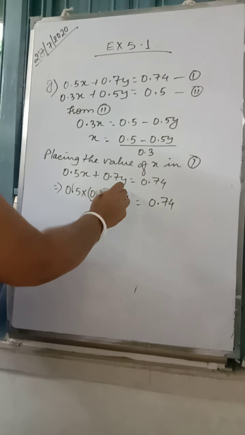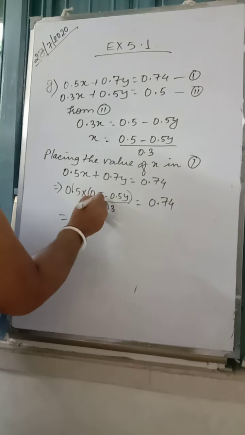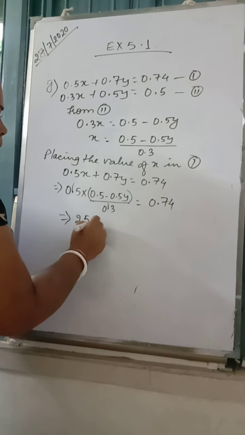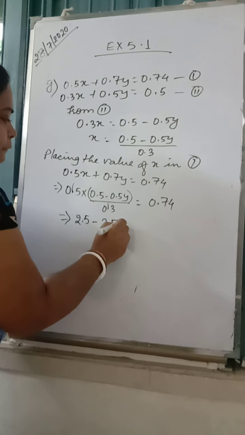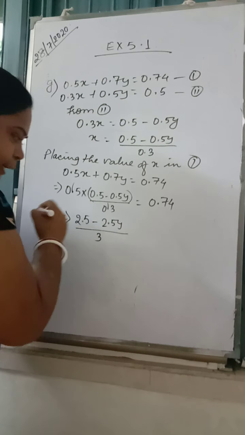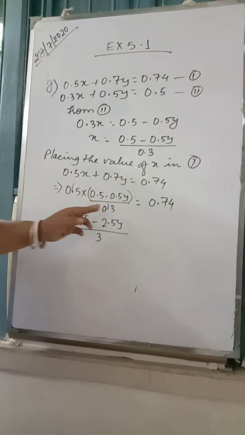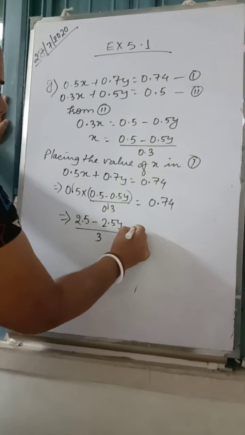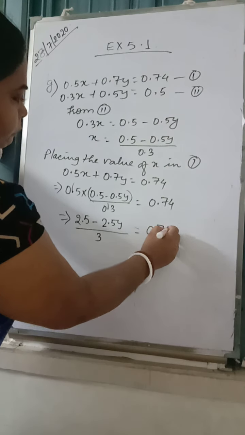It gives you 5 5s are 25, so 2.5 minus 2.5y by 3. Though I have removed the decimal up and down, I am left with 5. So 5 into 0.5 gives you 2.5, and 5 into 0.5y gives you 2.5y by 3, is equal to 0.74.